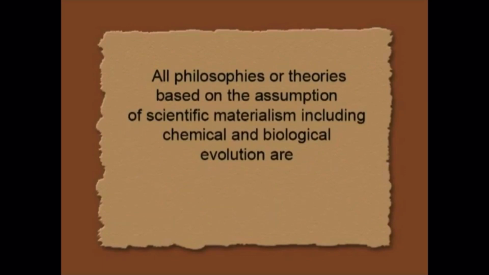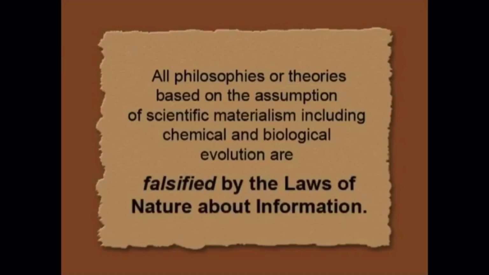All philosophies or theories based on the assumption of scientific materialism, including chemical and biological evolution, are falsified by the laws of nature about information. So we see the 7 conclusions are very, very strong. They give us the possibility to show which ideas are wrong, which are published in science.